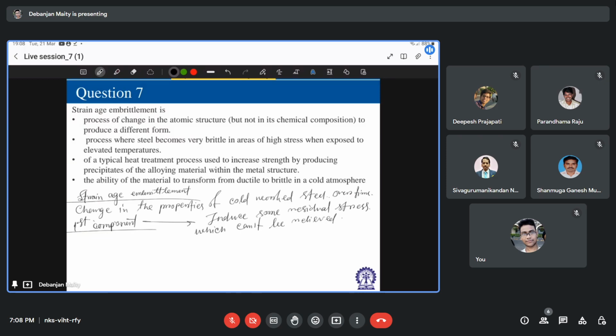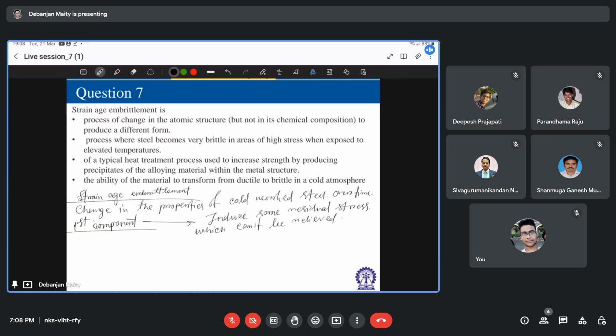There are several ways to reduce the occurrence of strain age embrittlement, but all methods focus on one aspect: reducing the stresses induced in the steel. So instead of cold working, which induces stress into the steel, it can be hot worked also, right? At some higher temperature, depending on your application, of course.